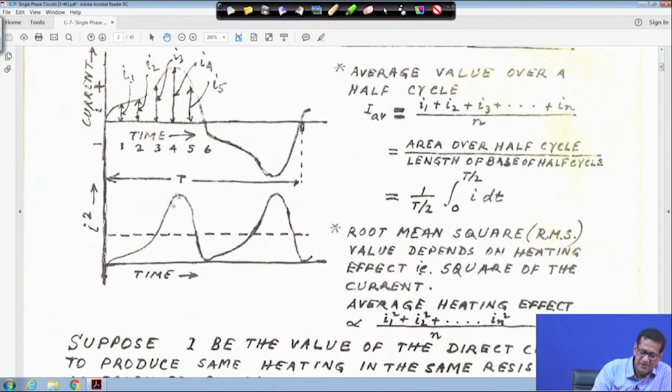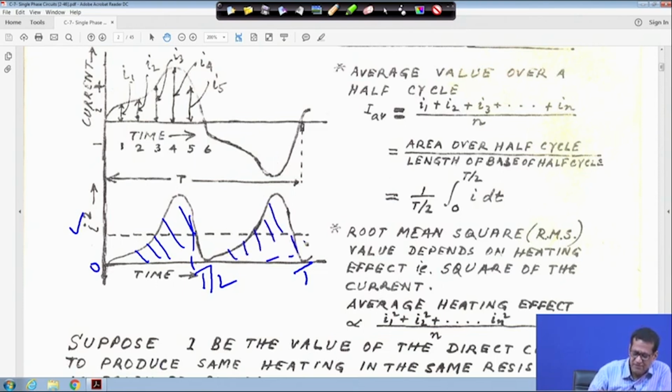This is t by 2 and this is t, and this is the origin. If you plot I square, the area is on the positive side now because it is squared; what was negative, when squared, goes like this.